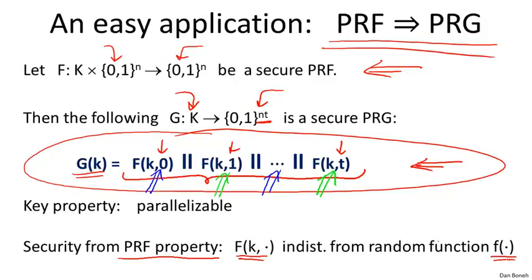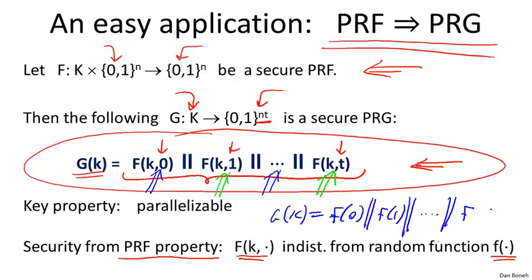So if I take this generator and instead define a generator using a truly random function, writing the output as f of 0 concatenated with f of 1 and so on, then the output of the generator using the truly random function would be indistinguishable from the output of the generator using a pseudo-random function. That is the essence of the security property of a PRF.